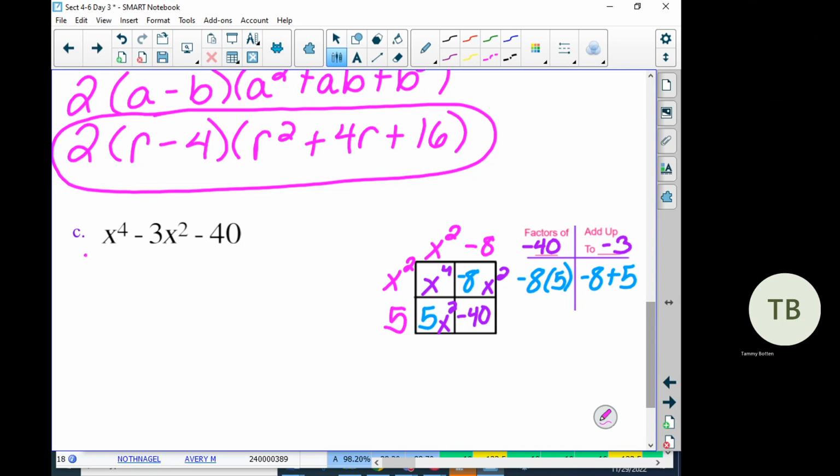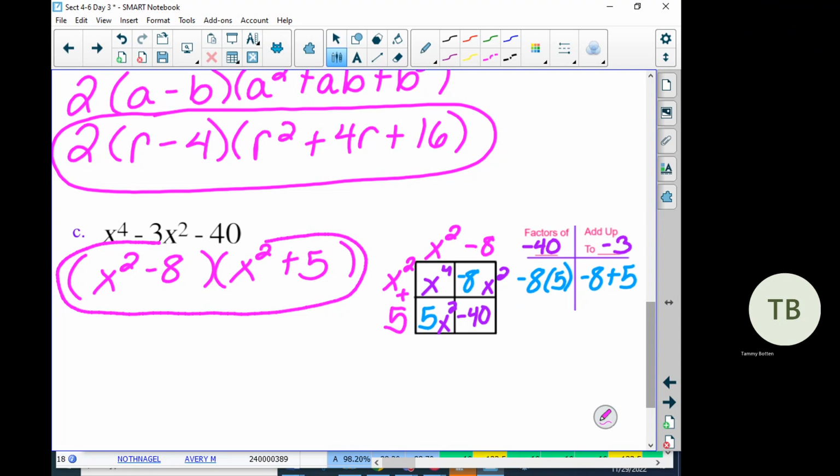So when I go to factor this, one of my terms is x squared minus 8. And one of my terms is x squared plus 5. And then you do always want to check, could you factor one more? If it's x squared, it only works if it's minus, but 8 is not a perfect square, so it can't be factored. So this would be our answer.